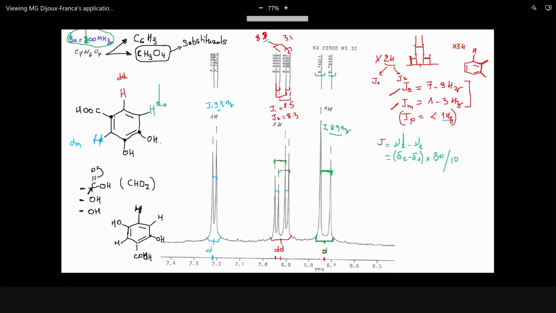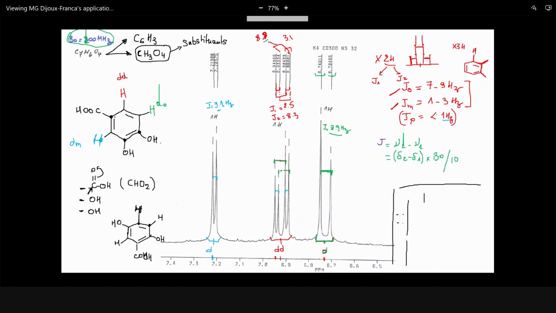It's a table where we have the chemical groups here. So for example, COOH, OH, CH3, double bond CH2 and so on. And then we have the quantification of the effect of each chemical group depending on the position of the protons on the aromatic ring.